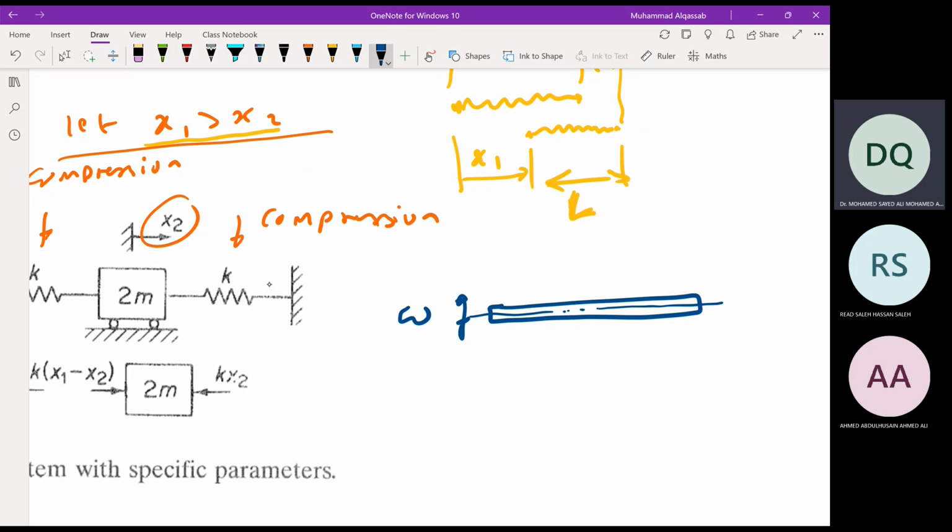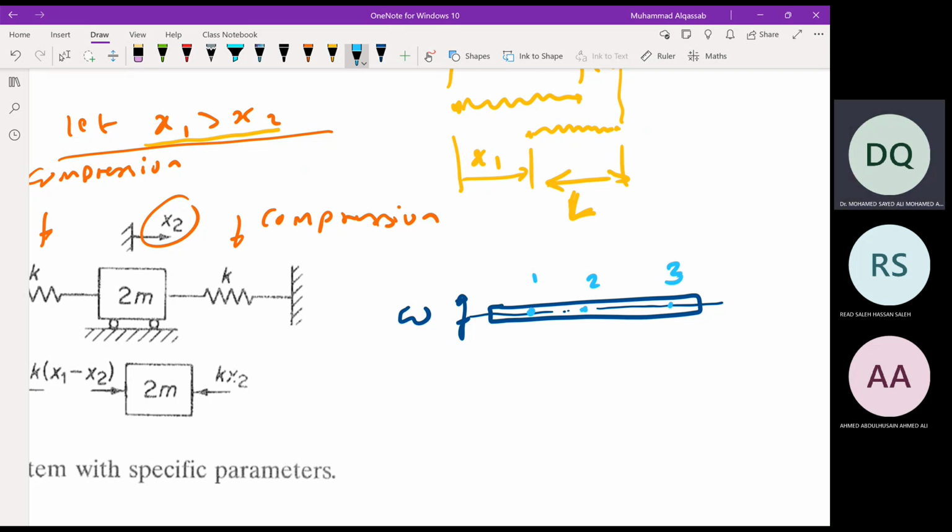With the same frequency. So let's say point 1 and point 2 here, point 3 here, they will all vibrate with the same frequency. They might have different phase. That means one point will go up, another point will go down, but the frequency of oscillation is the same.